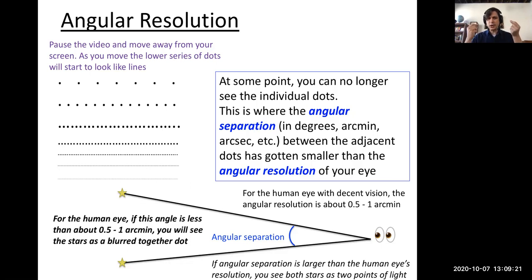So your eye could no longer see those as a distinct dot, so it blurred them together. And since they're all nice and lined up in a row, they blurred together into what looked like a nice straight line. And possibly it even worked for this one. I doubt it worked for the higher ones, but I wanted to give you a practical example of angular resolution so you have something intuitive that you can think back on.